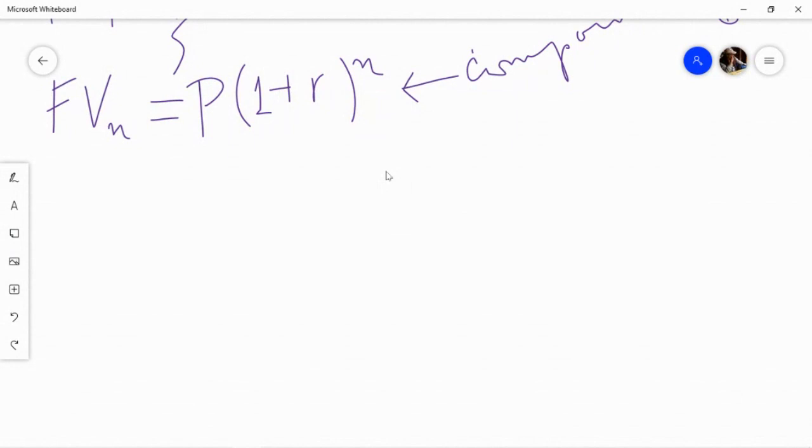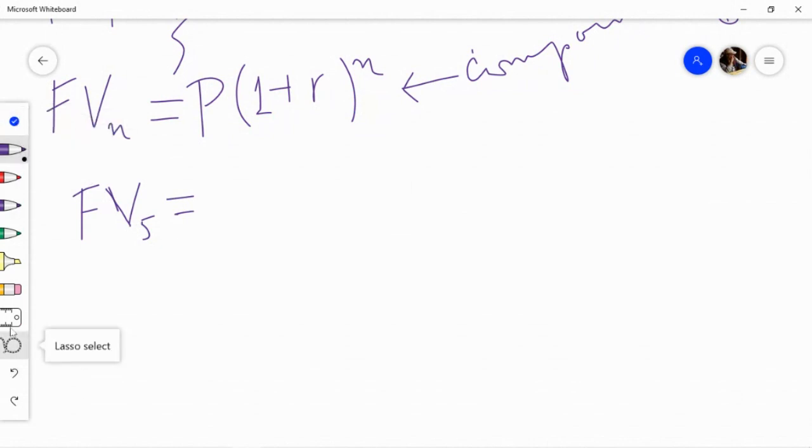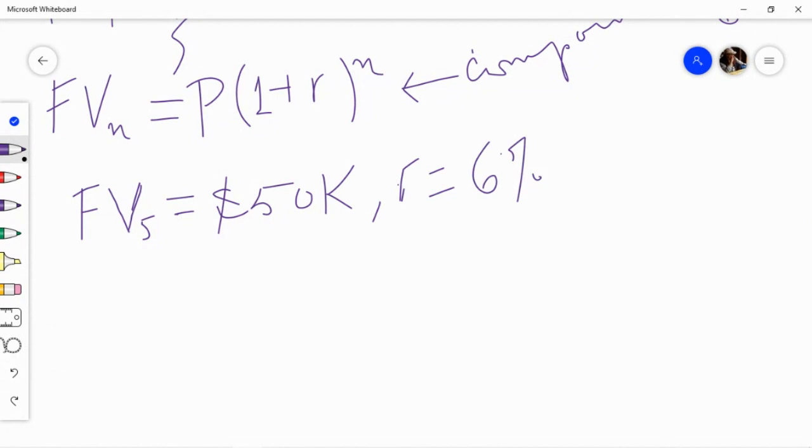Say you have a target future value in 5 years. So 5 years later, you want to have future value 5, you want to have 50K, and currently the interest rate is let's say 6%, right?